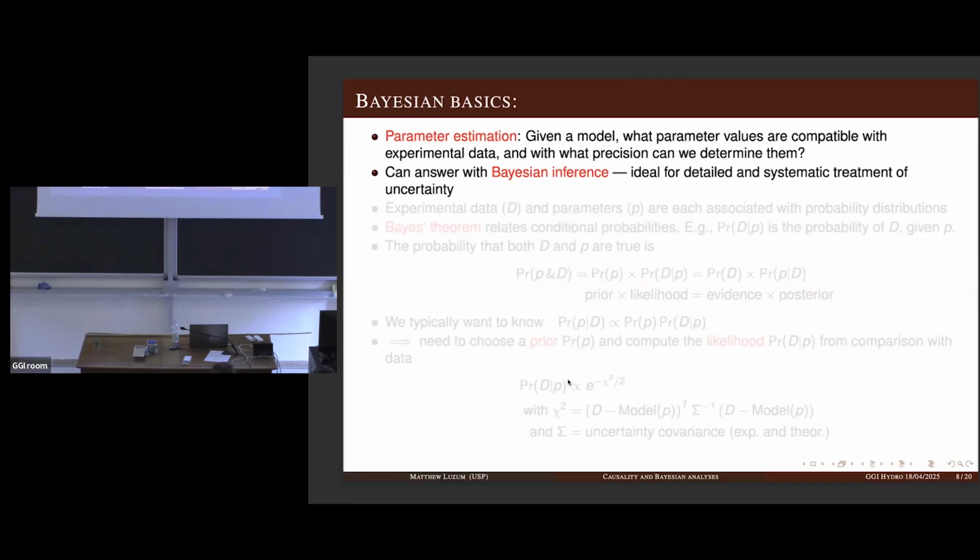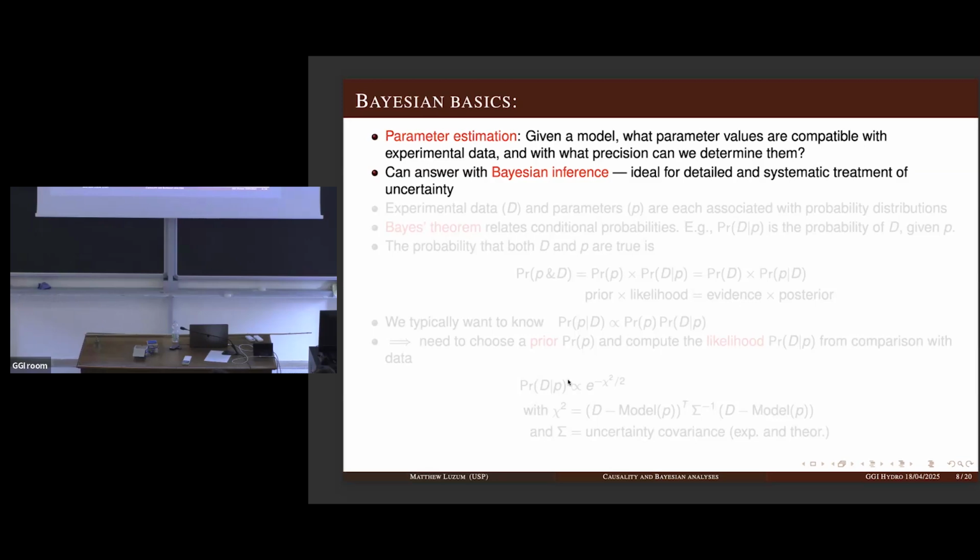So here's my one slide, the very basics of Bayesian parameter estimation. The main goal is parameter estimation. The context is, given some model. So it's always in the context of whatever you put in. Of course, you can't treat uncertainties due to things that you don't have in your calculation at all.